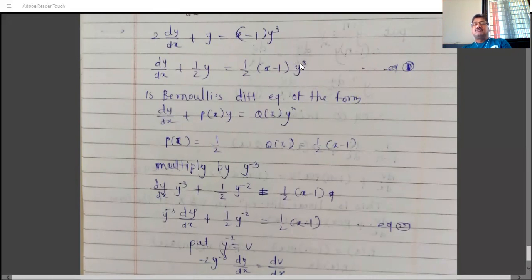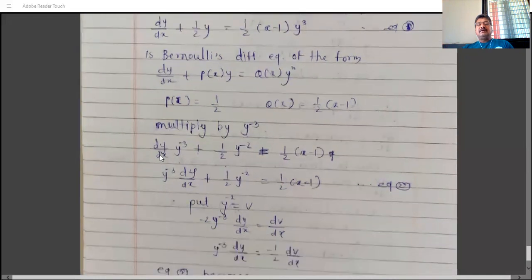If the term is y raised to minus 3, then we multiply by y raised to 3, the opposite of the negative sign. But here it is y raised to 3, so we multiply by y raised to minus 3 throughout.